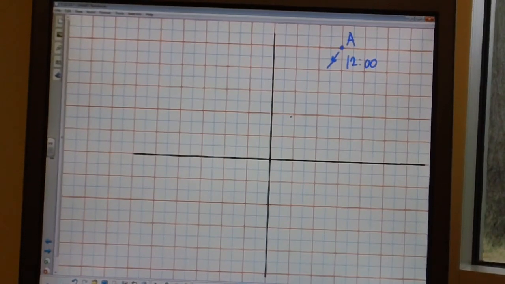All right, the other ship, I know that at 12:02, ship B is at the origin. So the first thing I need to do is synchronize the times for the two ships. I need them to both have the same initial value for the time. So I'm going to use noon as my initial value.